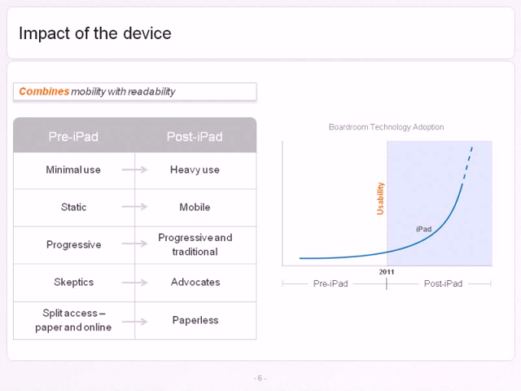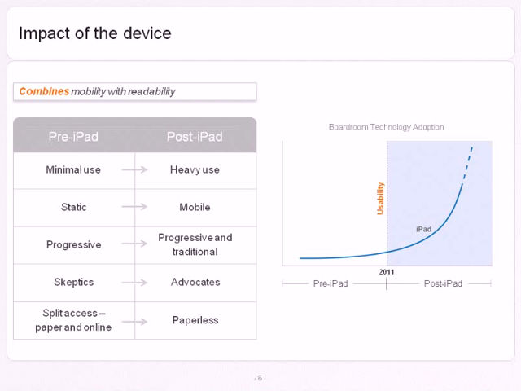That environment is now changing to a comprehensive paperless environment because of the iPad, because everybody, whether you are a novice or whether you are tech savvy, can easily deal with this technology. So by and large, you can think of the iPad as a breakthrough in usability.